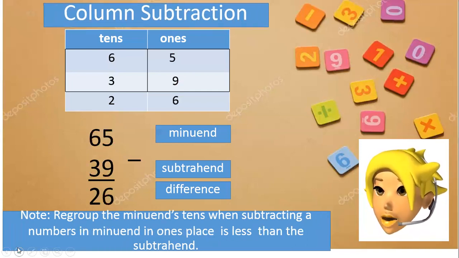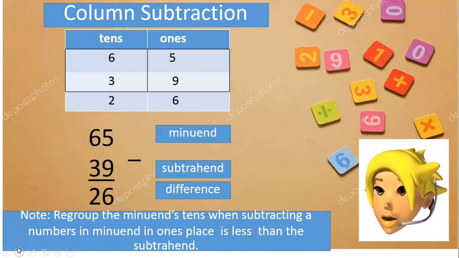In this slide, we're going to learn how to regroup the minuend tens when subtracting numbers where the minuend in the ones place is less than the subtrahend. I have here a column subtraction, 65 as our minuend minus 39 as our subtrahend. Before we proceed in our subtraction, let us regroup the minuend tens.